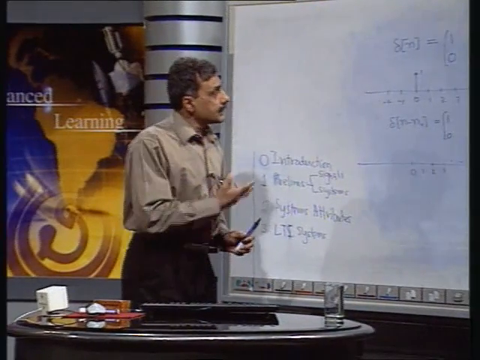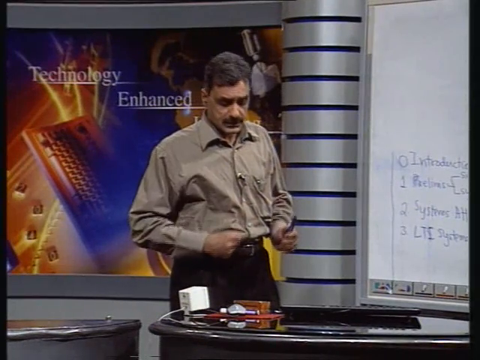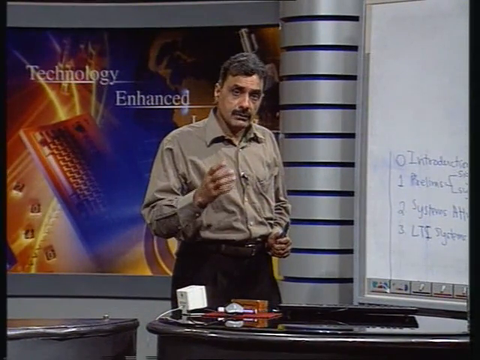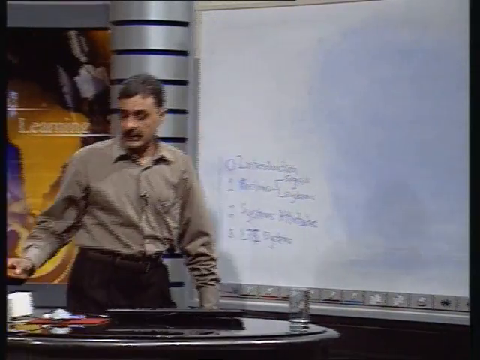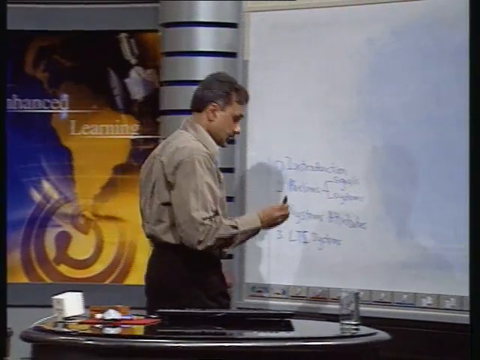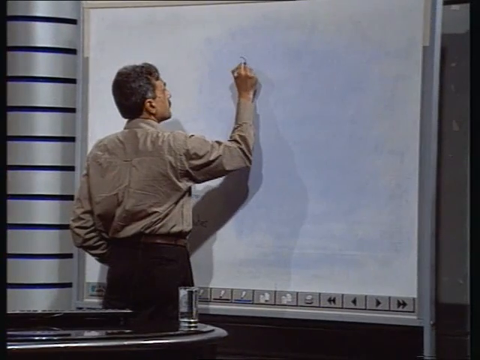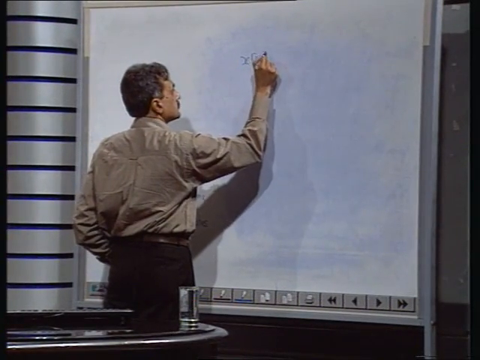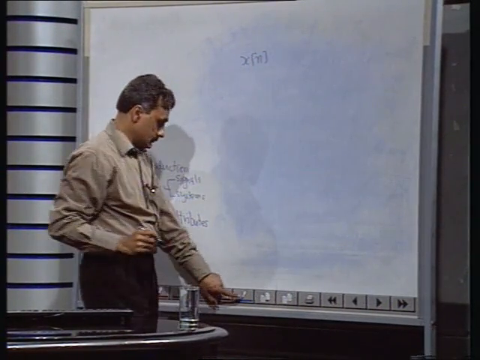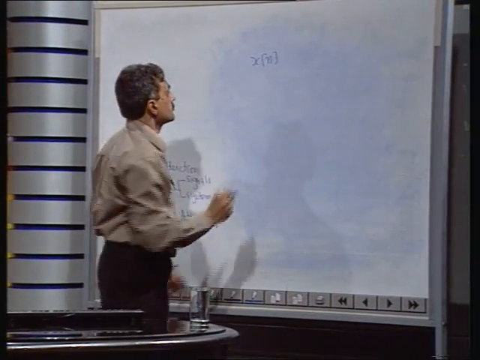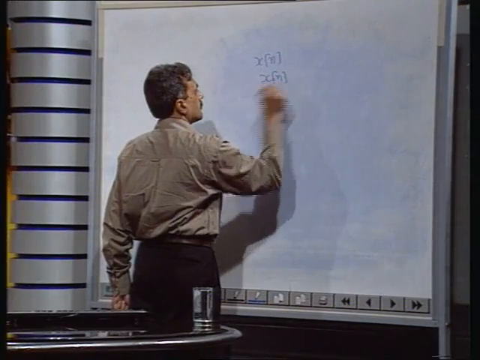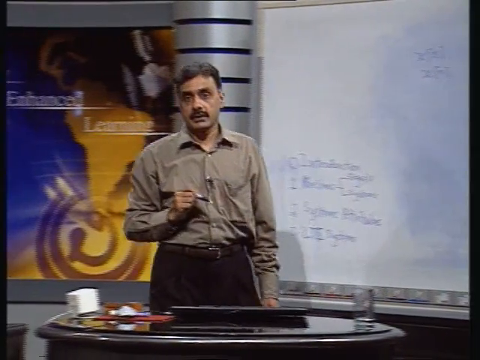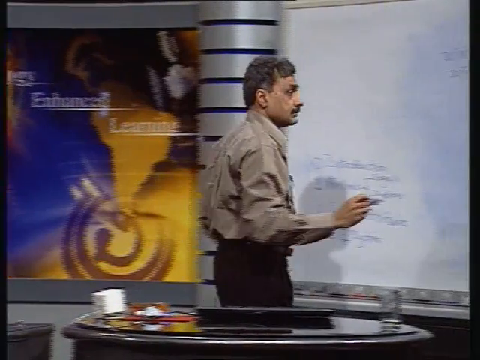Let us see what is the utility of this particular signal in the context of analysis of linear and time invariant systems. Let us pick up any arbitrary signal x of n. x of n is any arbitrary discrete time signal. How do I plot this signal?